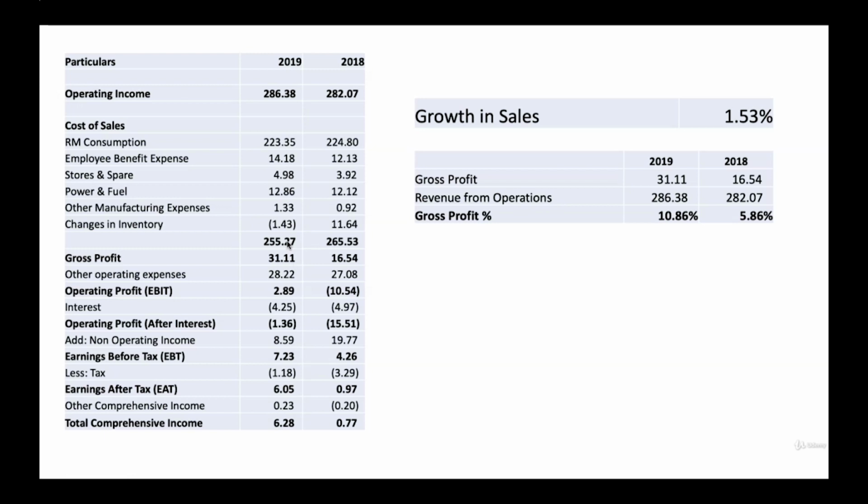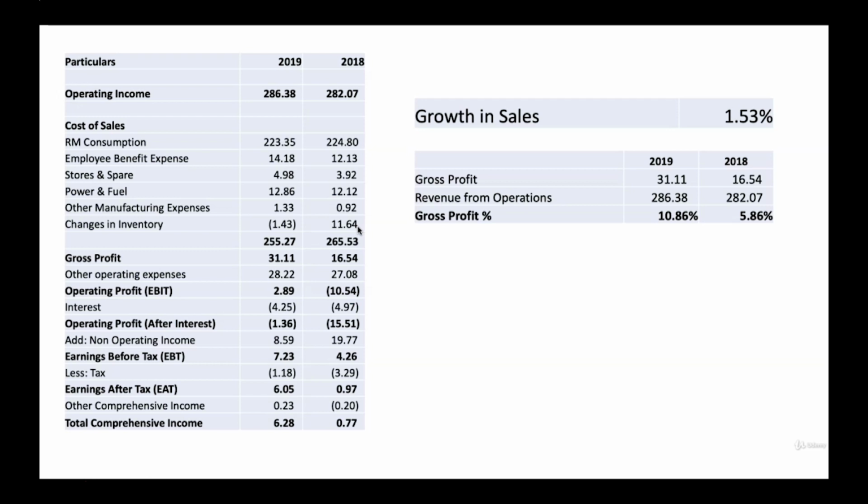See, actually it's a multifold effect. If you look at the changes in inventory, it has answers for all, because all other items have only marginal variations. But look at this. This is 11.64, whereas this is minus 1.53. So the difference is 11.64 plus 1.43. So it's like a 13 crore difference, and that obviously has caused this.